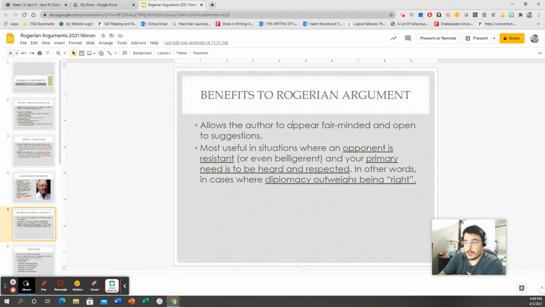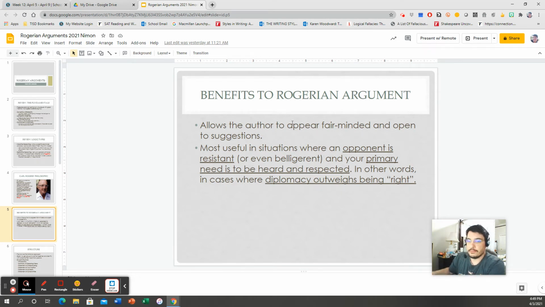And unfortunately, such is life, you're going to argue in a relationship. You're going to have arguments. So I'm not trying to prove that she's wrong and that I'm right. I'm trying to find compromise so that we can both walk away happy. Diplomacy. That's the benefit. And so this style is built with that in mind.